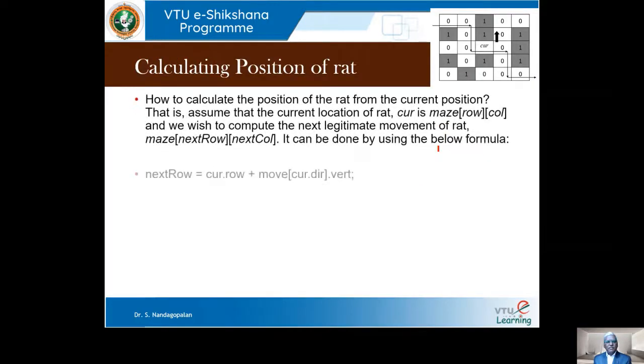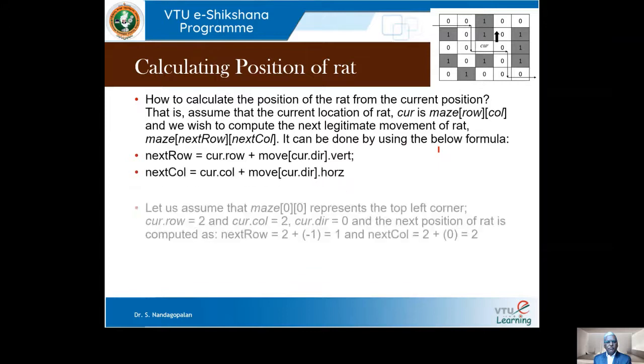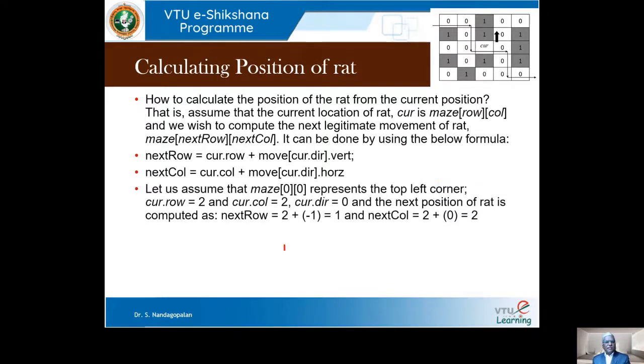So the vertical is -1, and this is the value we are trying to find out. Essentially the row becomes 1, and the column, which is 0 added to 2, becomes 2. So 1, 2.